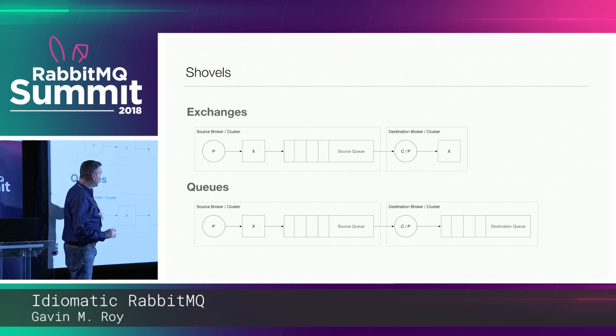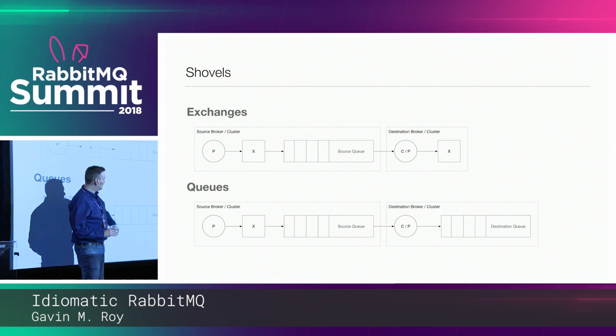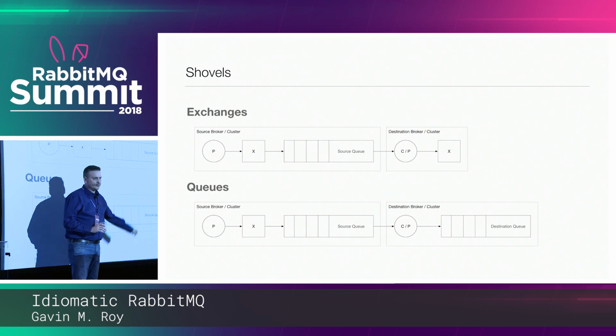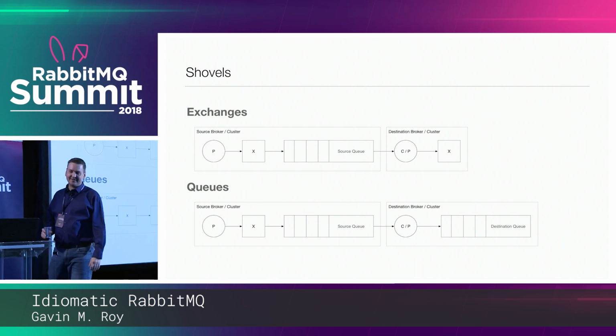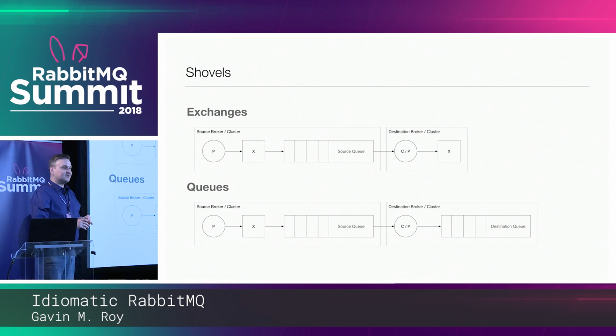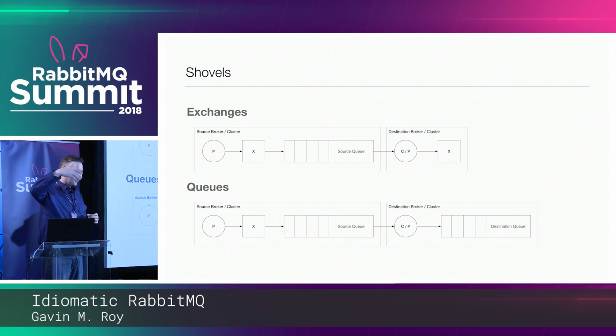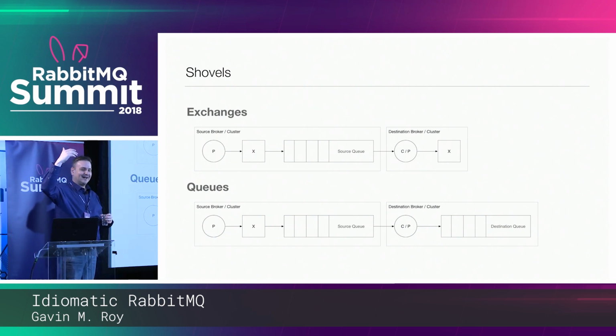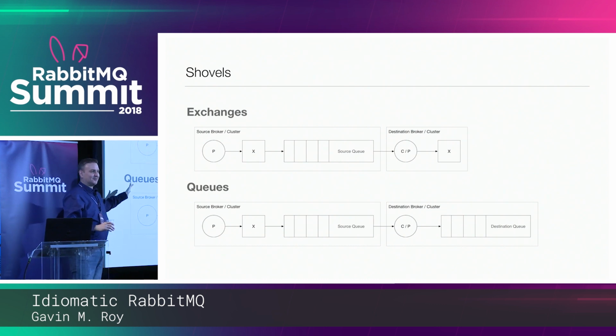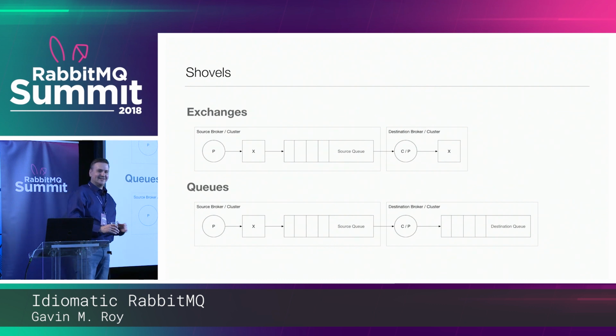If you're doing a queue, you basically have your source queue, and you have that consumer publisher that's going to that queue on the other side. Built into Rabbit. Maybe mysterious because you're just seeing it in the UI or from the command line. But ultimately, it's just like your applications. They're just written in Erlang as part of RabbitMQ, but doing the same exact things. Basic publish, basic ack.